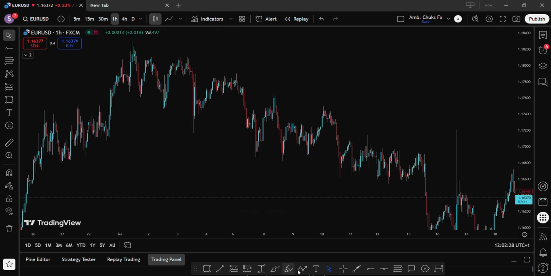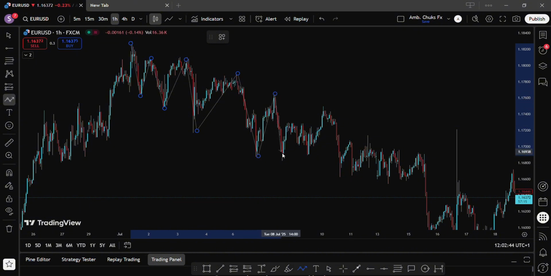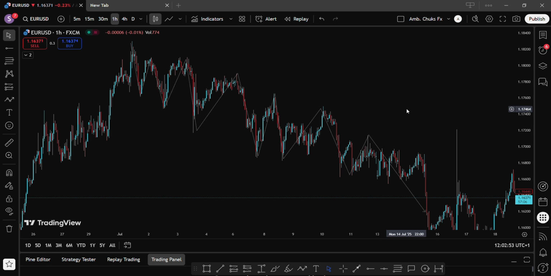All right, so this is for downtrend, right? You can see price moving lower high, lower low, lower high, lower low, lower high, lower low, and all that, right?